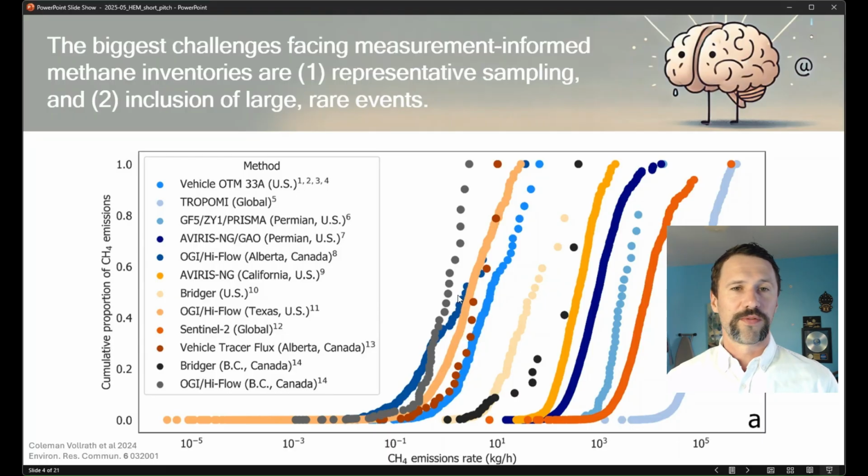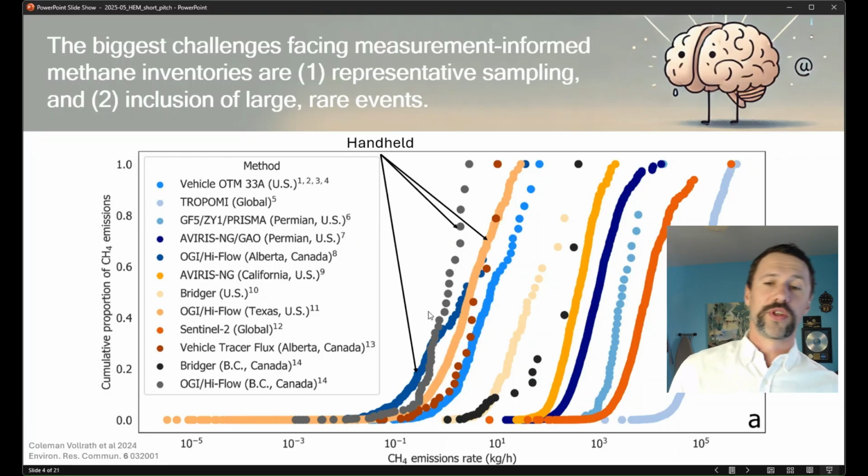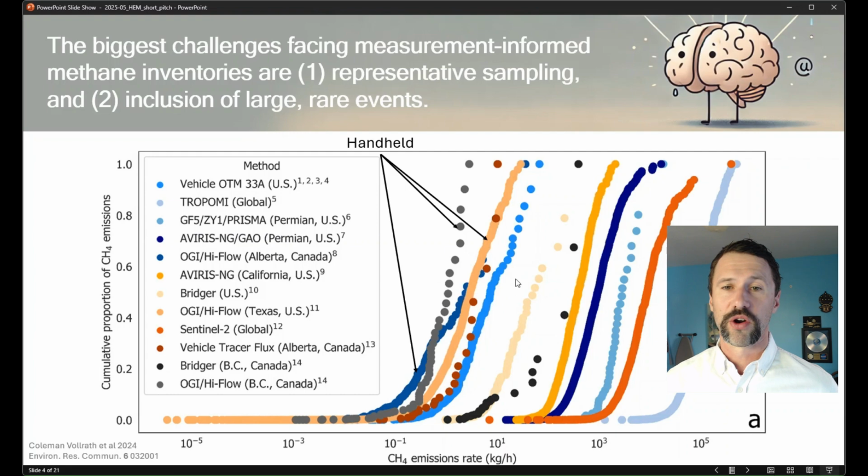One of the first really interesting things I wanted to illustrate in this figure is, even though these aren't apples to apples comparisons, there are some trends that emerge. This isn't in the paper. This is my own analysis and interpretation on top. But if you start to break down what these lines are, there's a really interesting pattern here. The three lines furthest to the left with the lowest emission rates are all handheld measurement technologies.